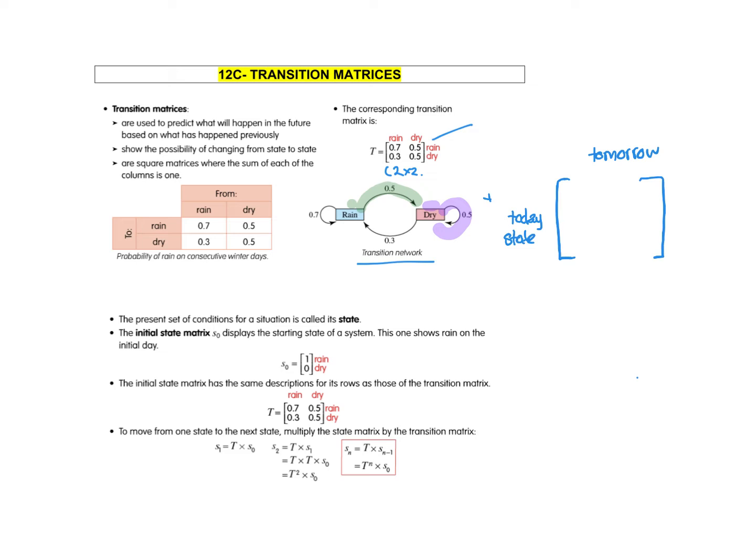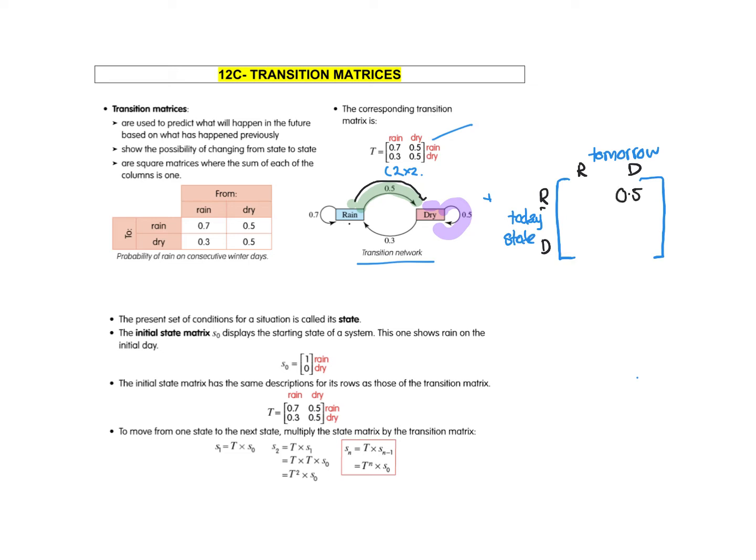So you can see how they set it up. If it was raining today, or whether it was dry on the day you're on, you then go across to whether it would be raining or dry tomorrow. So from rain to dry, I beg your pardon, is 0.5.